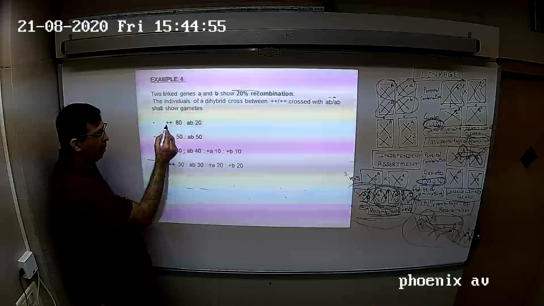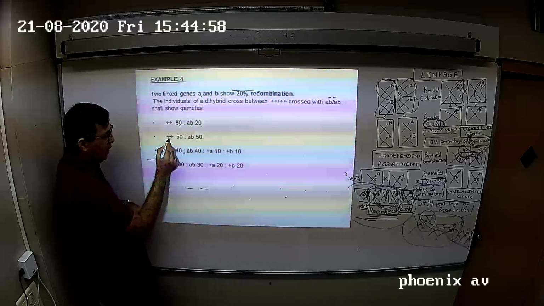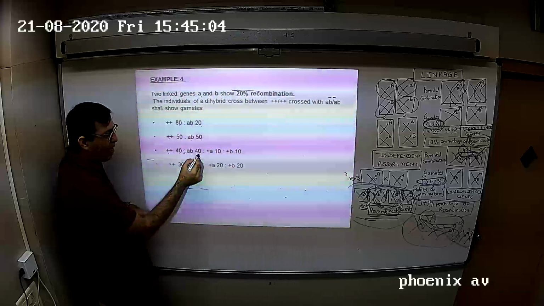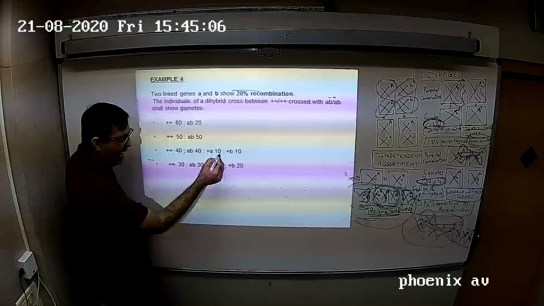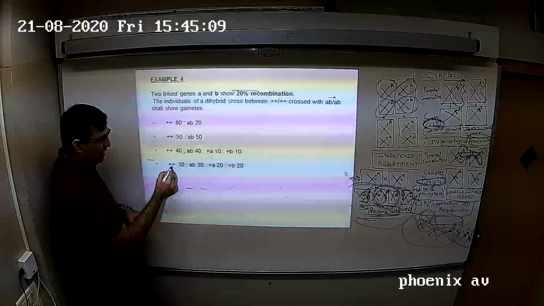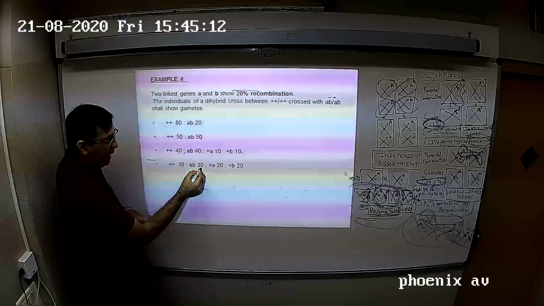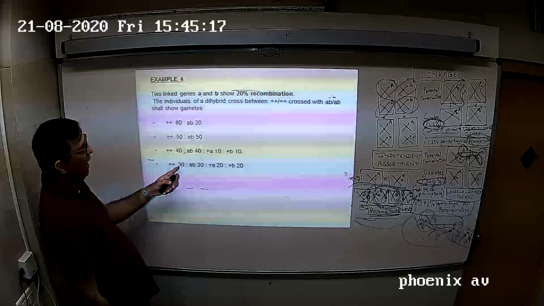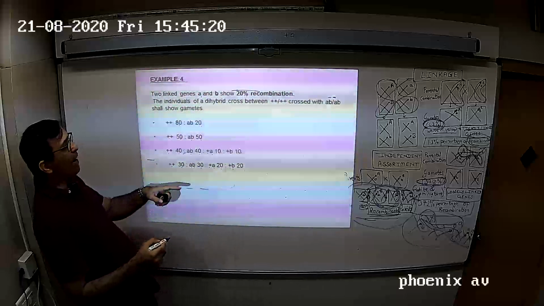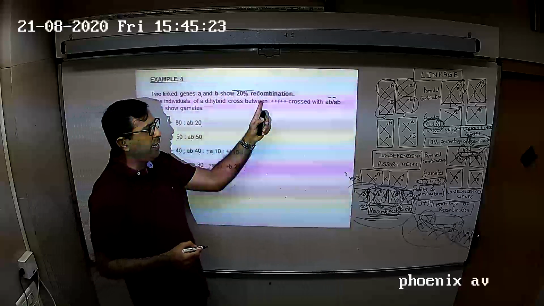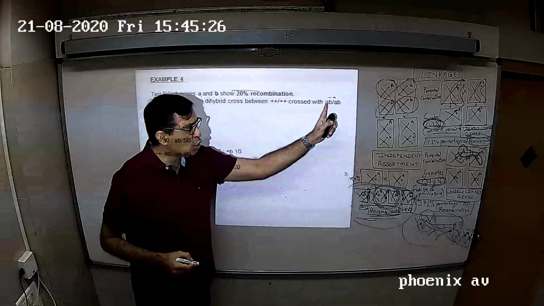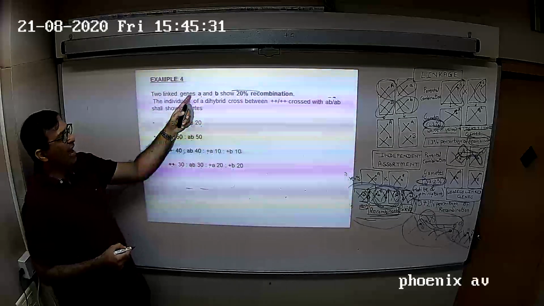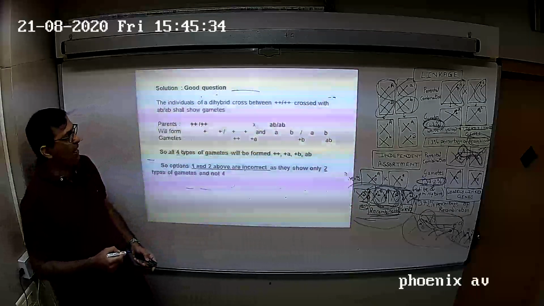Four options are given: plus plus 80, ab 20; plus plus 50, ab 50; plus plus 40, ab 40; plus a 10, plus b 10, plus plus 30, ab 30, plus a 20, plus b 20. What will be the gametes formed if a and b have 20% recombination?